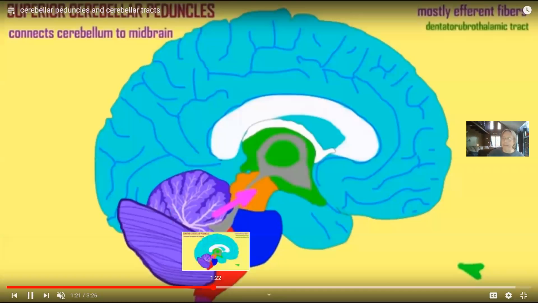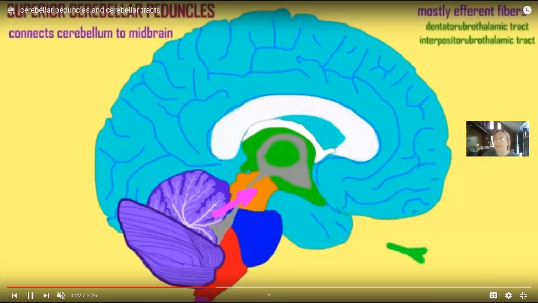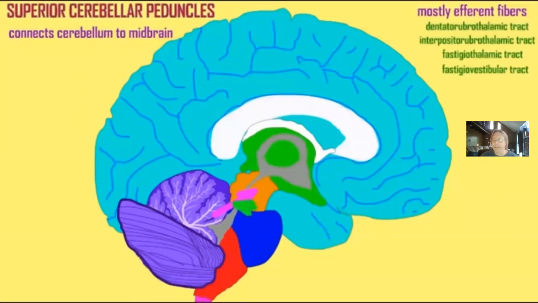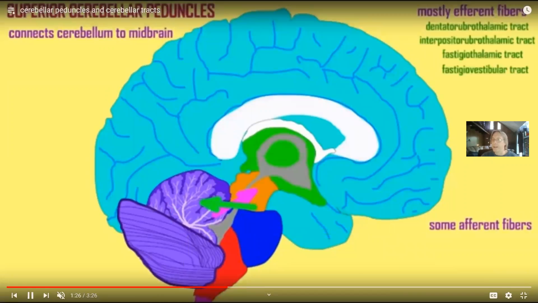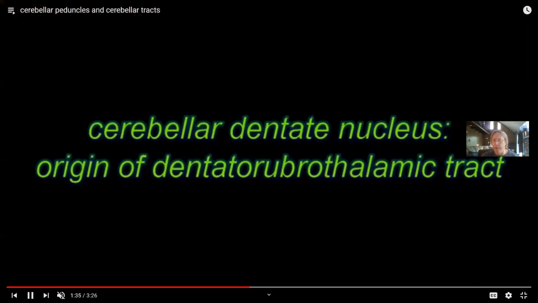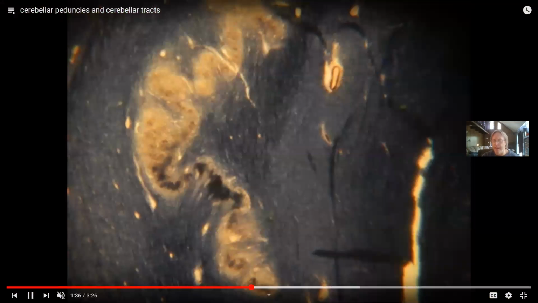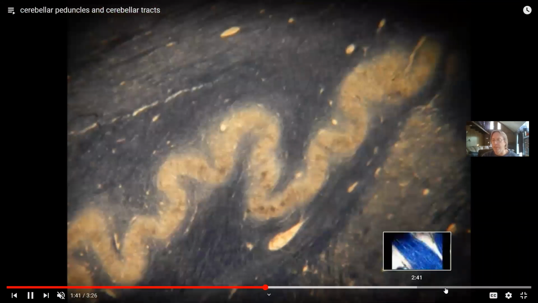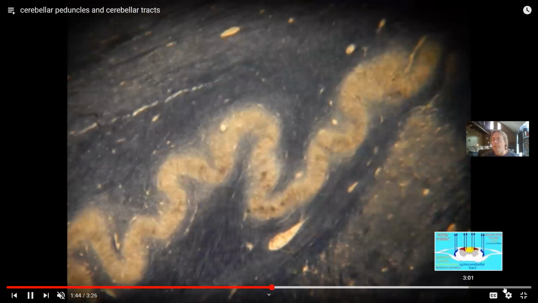They are important structurally, but you could also ask, if you were so inclined, what types of fibers are going through the superior cerebellar peduncles, the inferior cerebellar peduncles, etc. Okay, and with the discussion of the brainstem, the cerebellum will be discussed later.